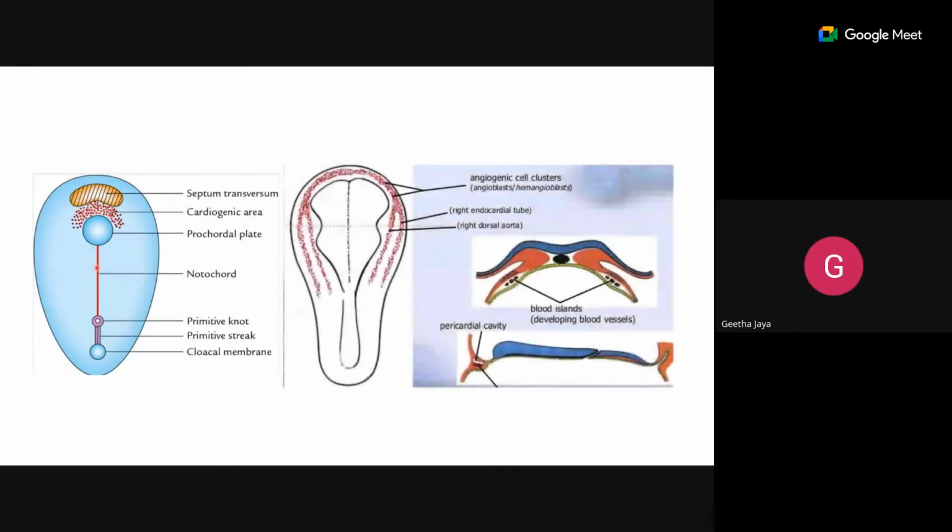This is the cardiogenic area where you have the heart developing. In this next picture, you can see all the blood vessels developing in the embryonic disc.